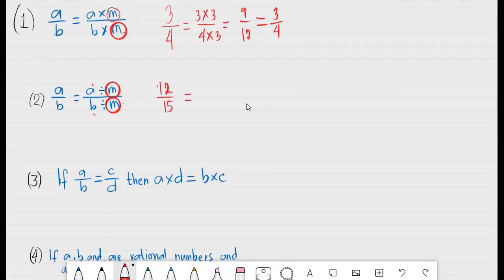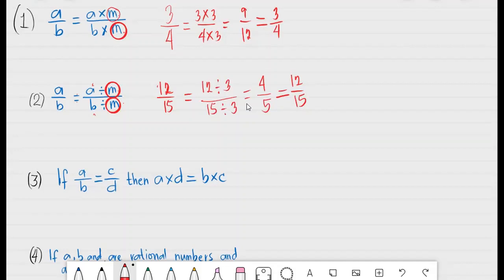If we divide both by a number, let's say 3, 12 divided by 3 over 15 divided by 3, it will give us 12 divided by 3 is 4, and 15 divided by 3 is 5. Okay, in which 4 over 5 is the same value as 12 over 15 when reduced to lowest terms.